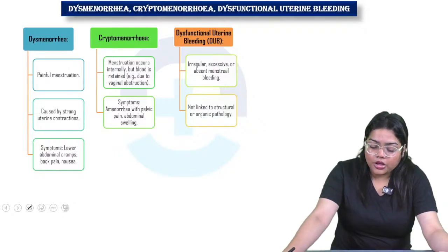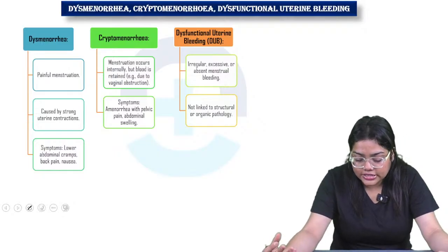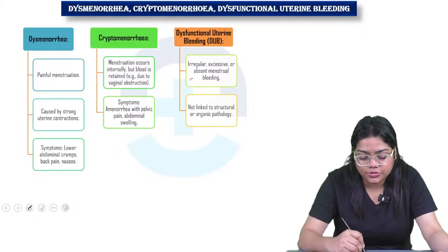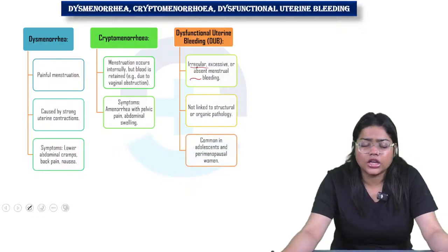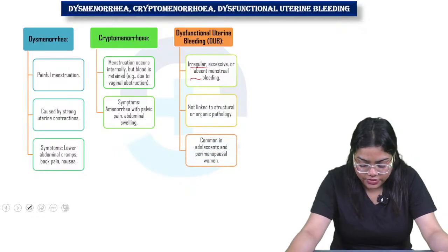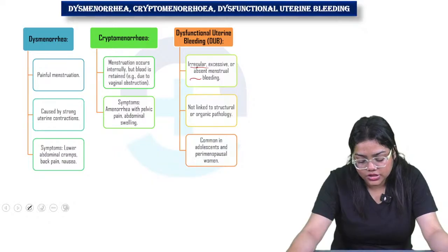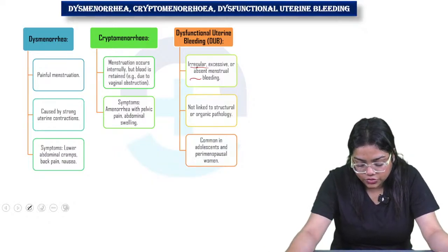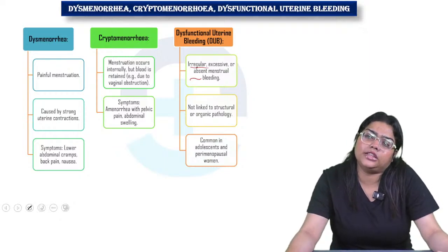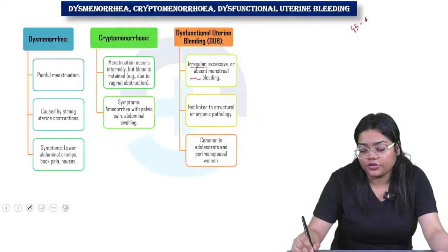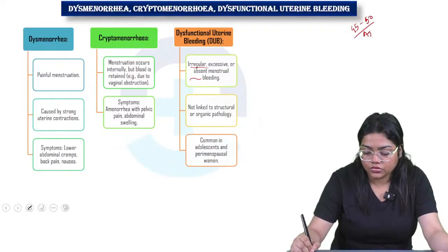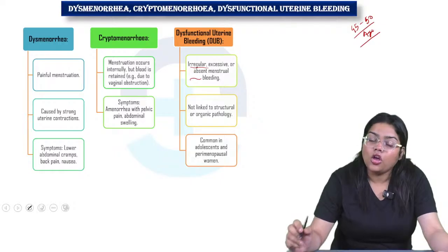Next, so what is that? It is actually irregular and excessive or absent menstrual bleeding. It is not linked to structural or organic pathology. Okay, it is not linked with any of that. And it is common in adolescent and perimenopausal women. In the sense, usually a woman will stop menstruating between 45 to 50 years of age.